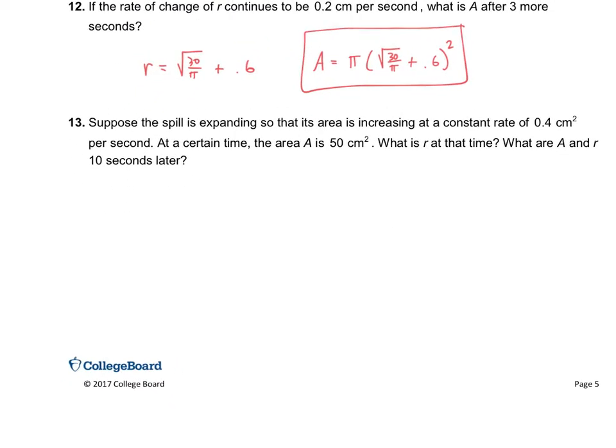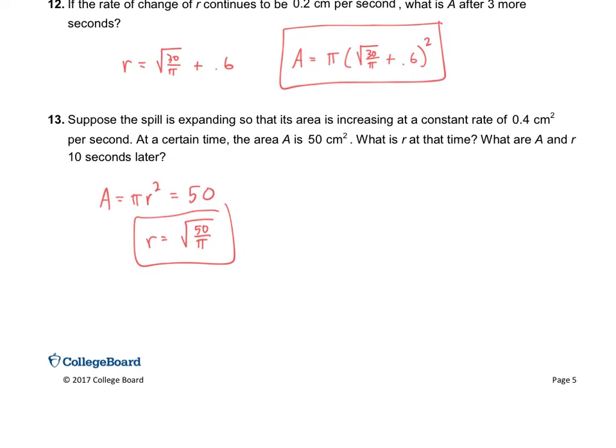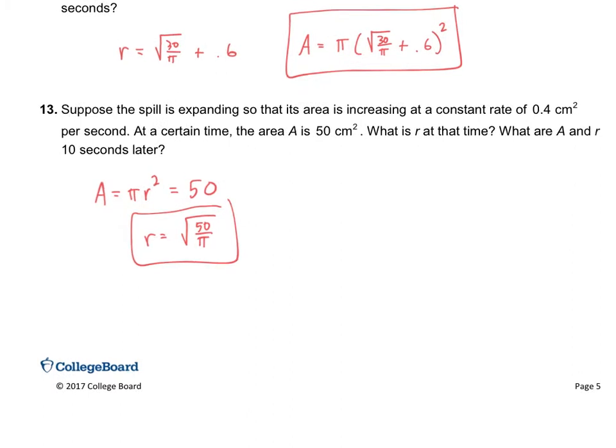Okay, so the area is pi r squared, and at a certain time that's 50. What is r at that time? Solve for r. What are A and r 10 seconds later?